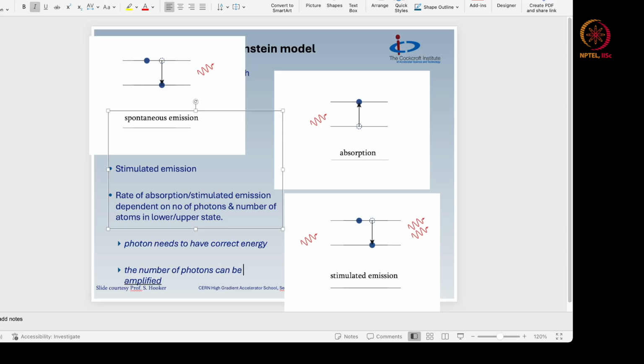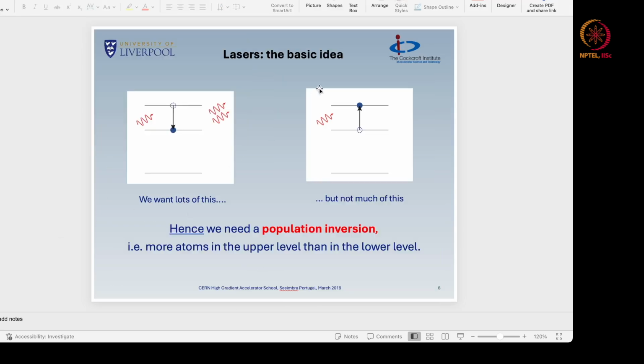All right. In a laser, the basic idea is that you want a lot of stimulated emission. That means you want an avalanche of photons which are coherent, coming in a particular direction. We want lots of this, but you do not want a lot of absorption, because when light is impinging, you have a probability of both.